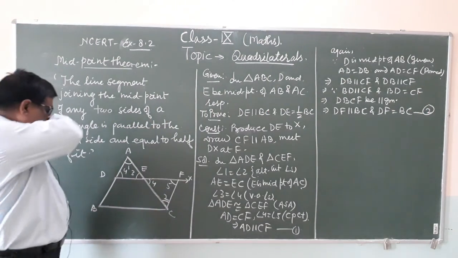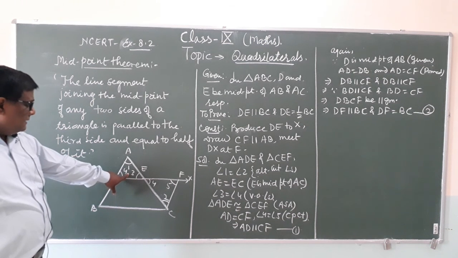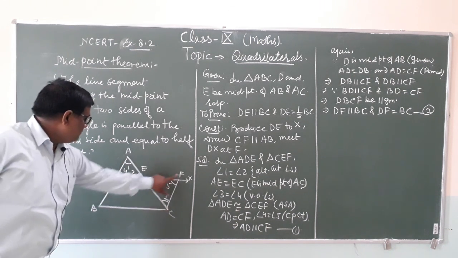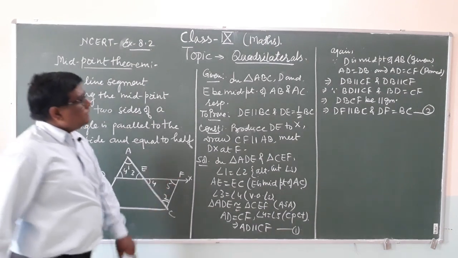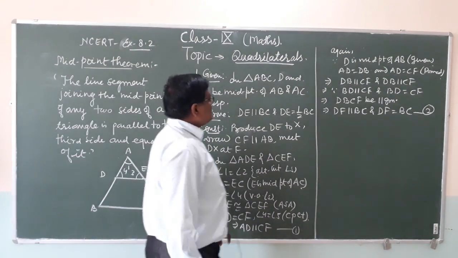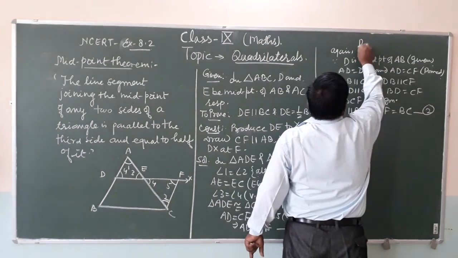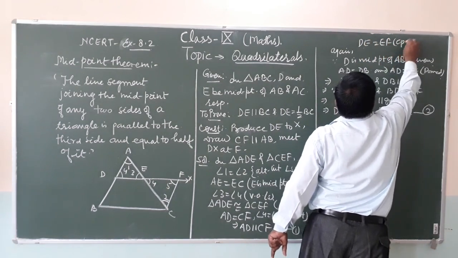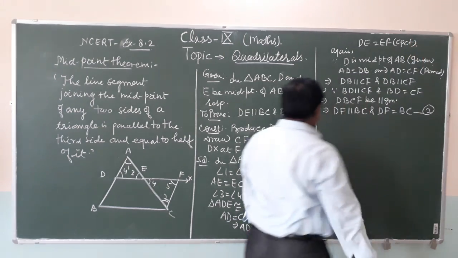And if triangle ADE is congruent to CEF, therefore DE is equal to EF by CPCT of the congruency.